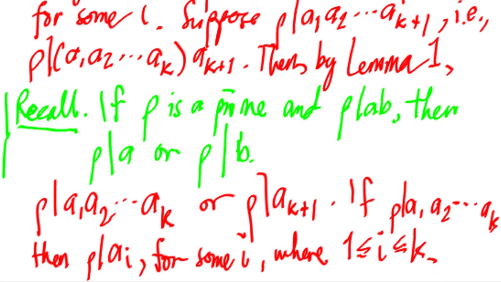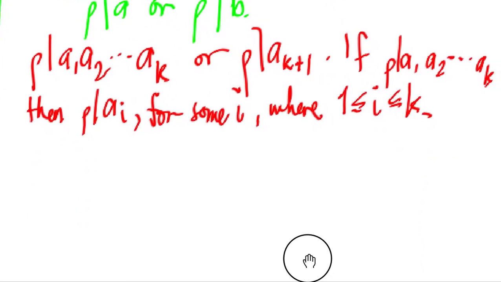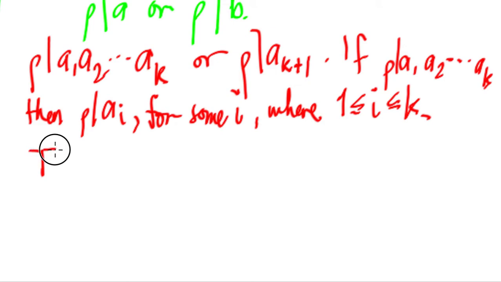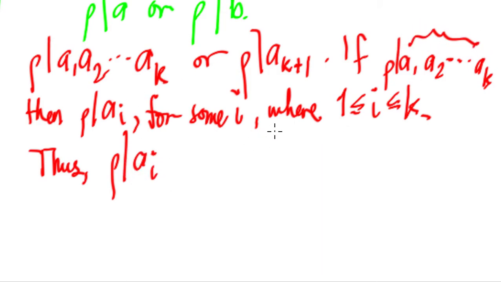Okay, so therefore we can say that p divides a sub i, since a sub i is somewhere between here, since i is between k and 1.